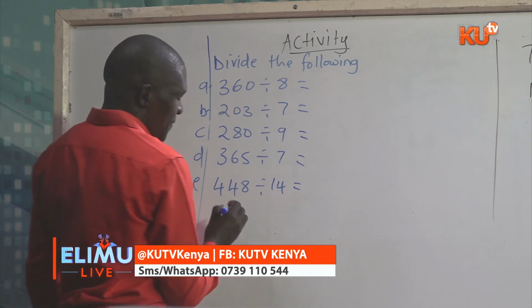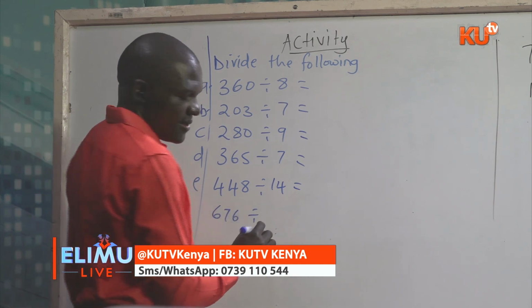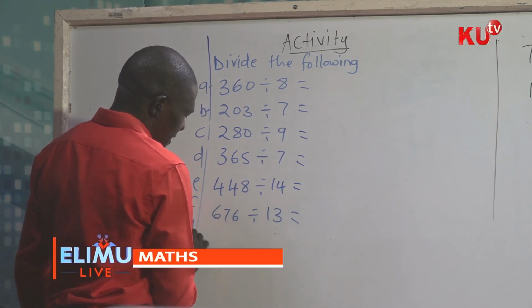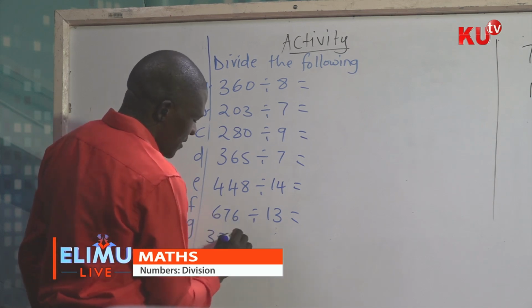We also have 676 divided by 13. These are just tasks that will help you understand more about what we have been learning.